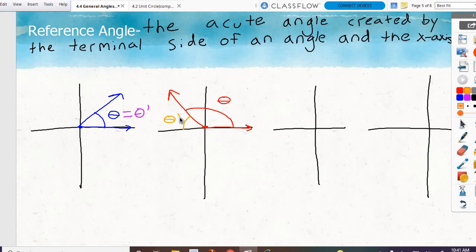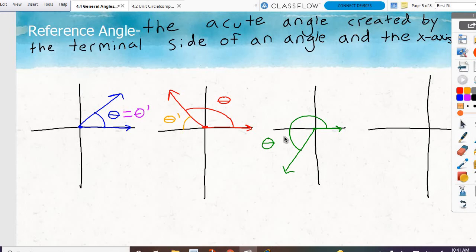Yes? So then, looking at something that would be in our third quadrant, that would be theta. So then where would theta prime be? It would be what? Agreed.